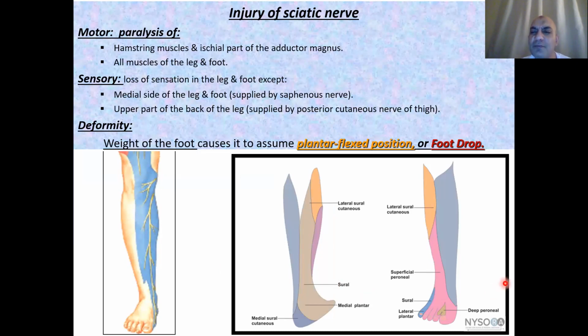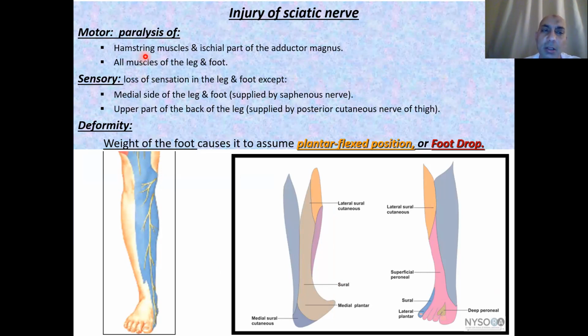If there is injury of the sciatic nerve, what's the effect? Motor and sensory deformity. Motor paralysis of the hamstrings, the ischial part of adductor magnus, all muscles of the leg, 13 muscles, and all muscles of the foot, about 18 plus 1, 19 muscles.